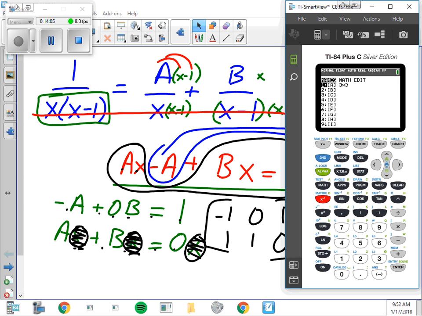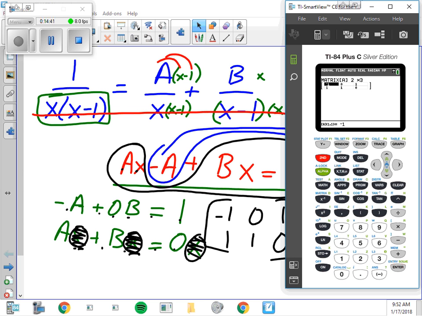So, go into matrix, go over to edit. This is a 2 by 3. So, negative 1, 0, 1. And 1, 1, 0. Okay.